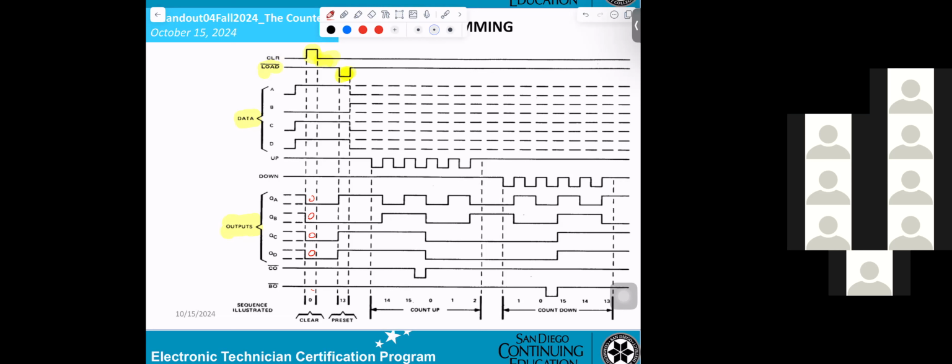A will be 1, B 0, C 1, D 1. That means 1, 0, 1, 1, so the number will be 1, 1, 0, 1. Okay, that's binary. If you're talking about decimal, you know what number?